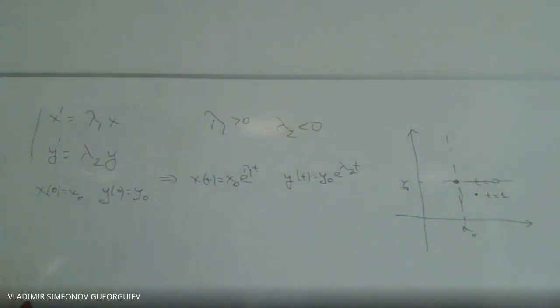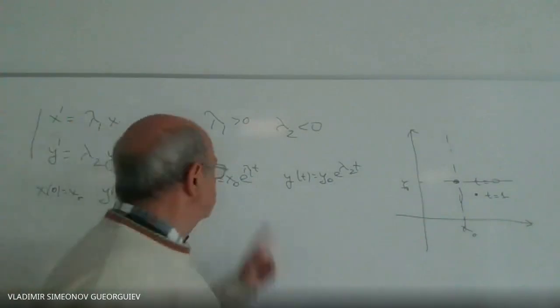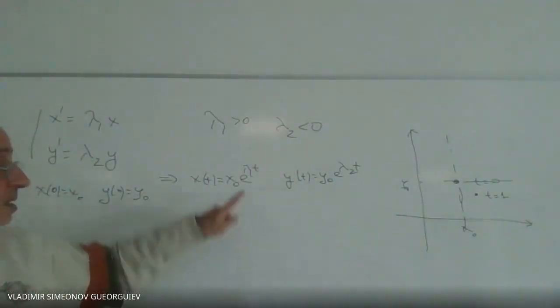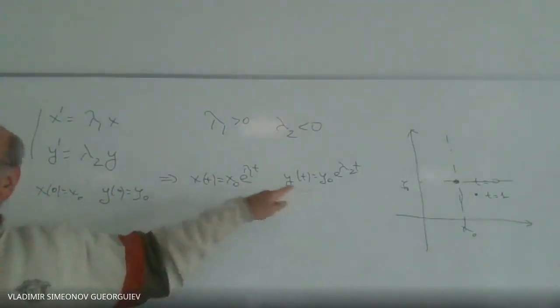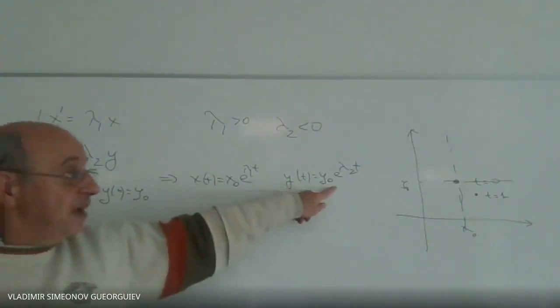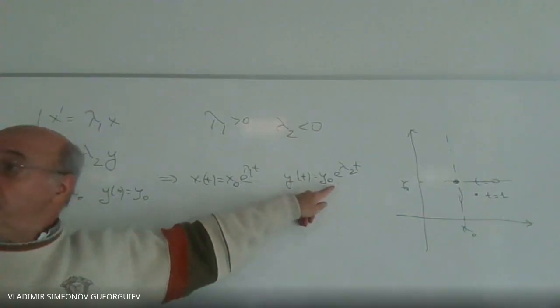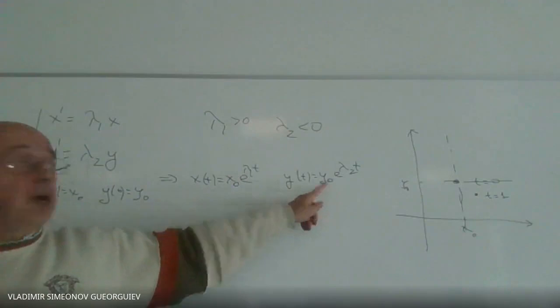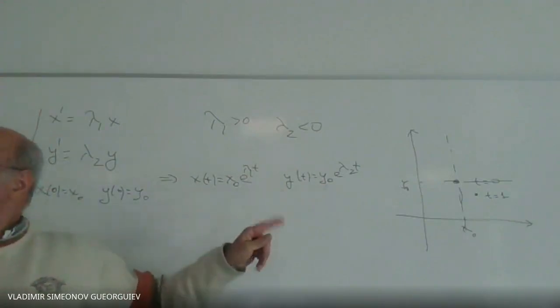And in this case, when t is 2, we shall have the next point. But then we are asking, when t goes to infinity, what will happen? Lambda 2 is negative. E to the power minus infinity is perfectly 0, while this one goes to infinity.